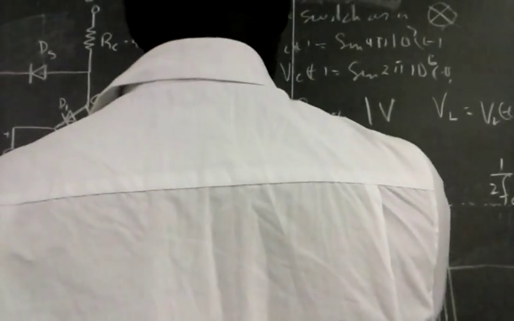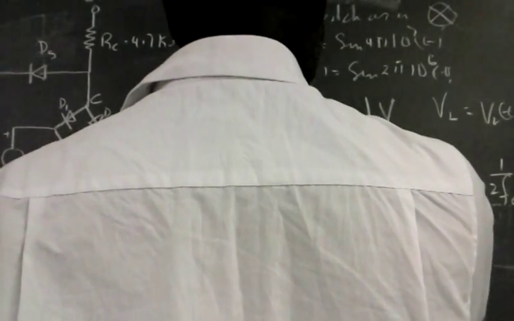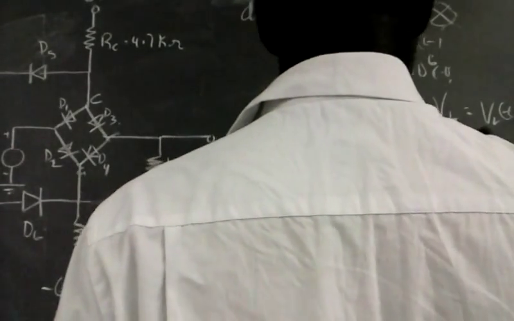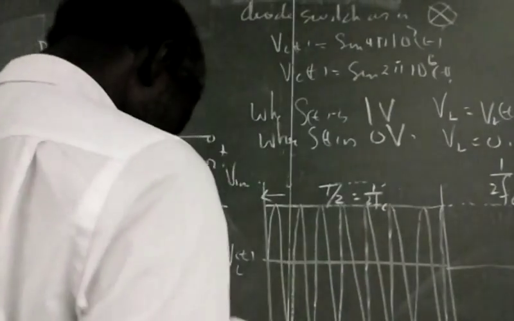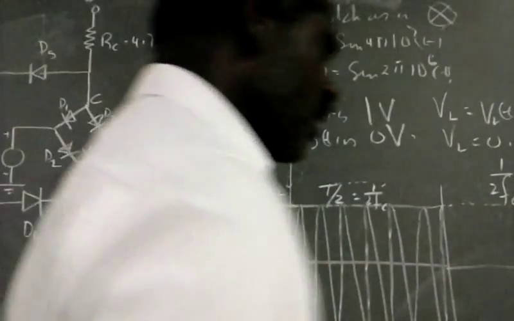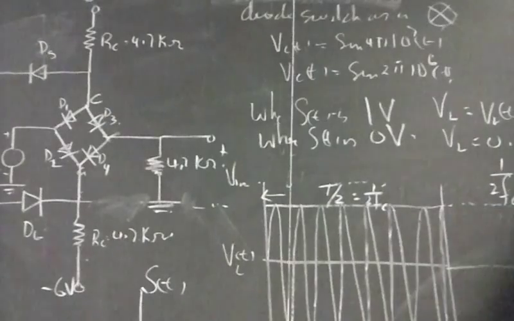And when S of t is 0 volts, VL equals 0 volts.